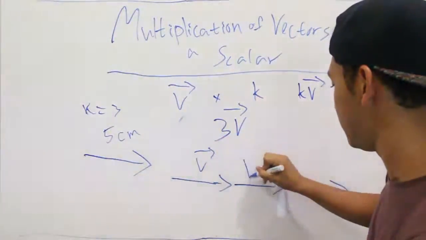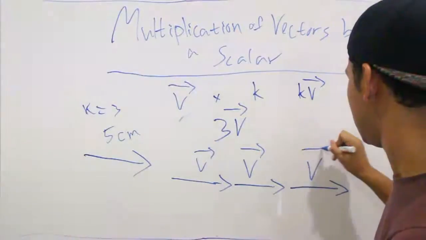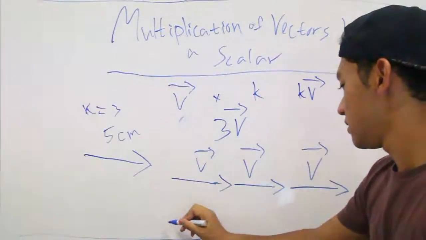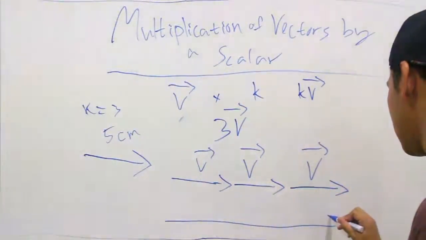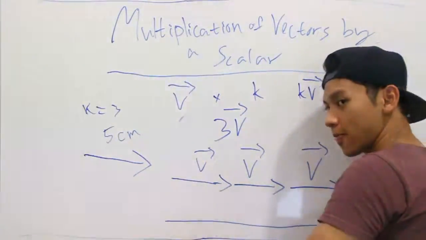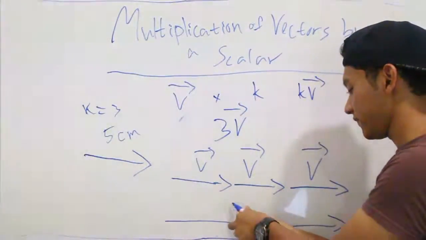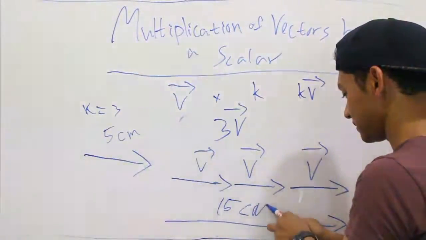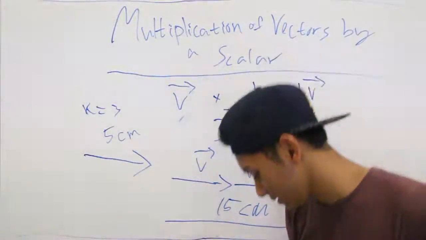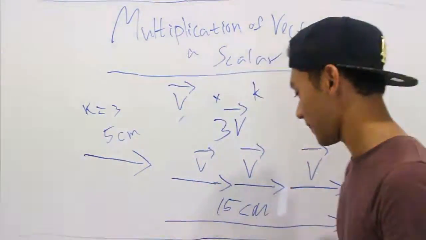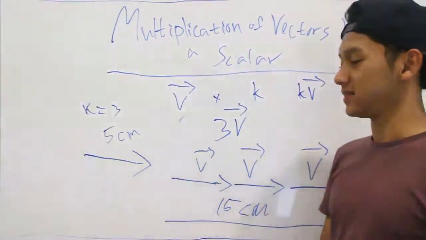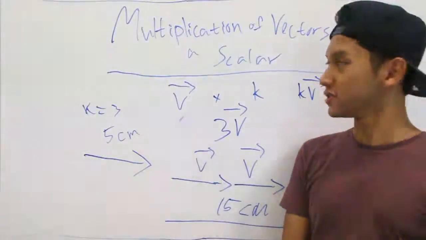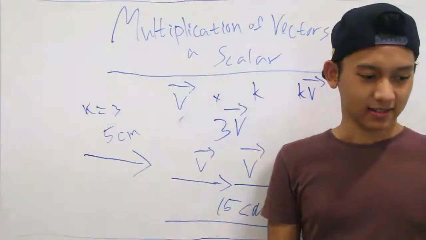V, V, V. This means 3 vector V's, which is one whole vector of 15 centimeters, depending on the unit. That is the multiplication of vectors by a scalar.